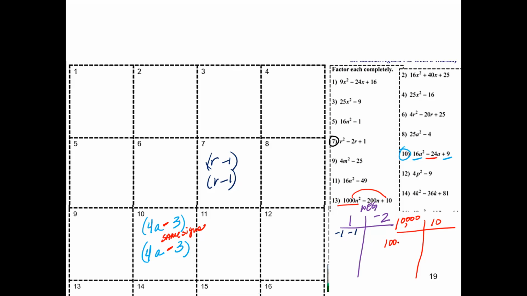So what if I try -100 and 100? I'm sorry, your last number is going to give me -200. So this will actually work. So for number 13, you'll have -100 n.